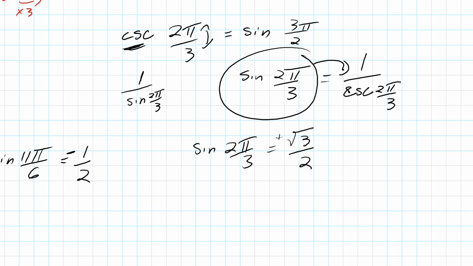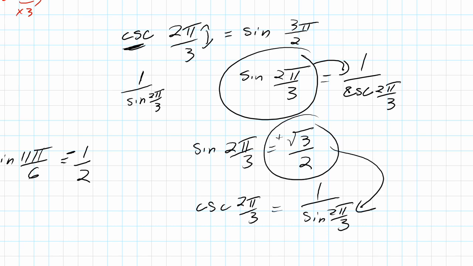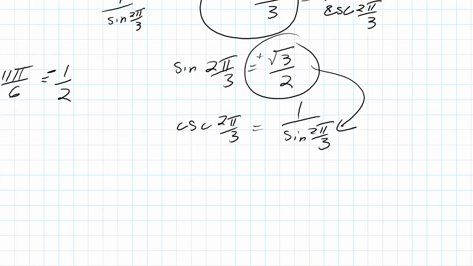But the original question asked for this. So what we're going to say is cosecant 2 pi over 3 is equal to 1 over sine 2 pi over 3. We're going to use this value and plug it in for the bottom. We're going to end up with 1 over root 3 over 2. So I got a division of fractions, which is 1 divided by root 3 over 2.